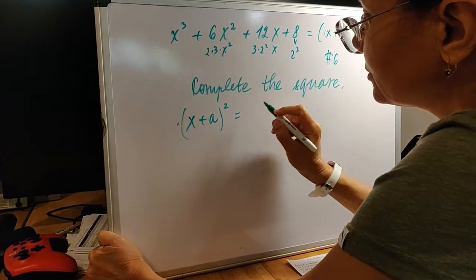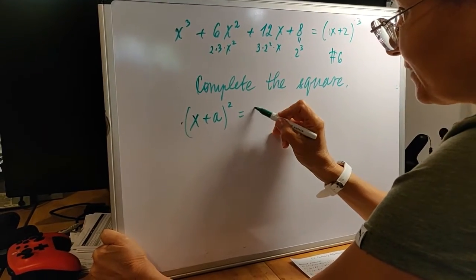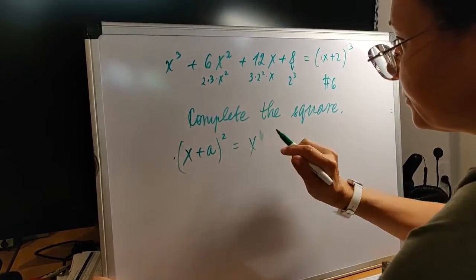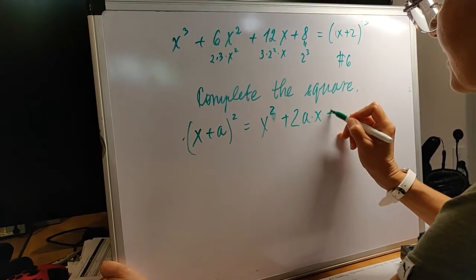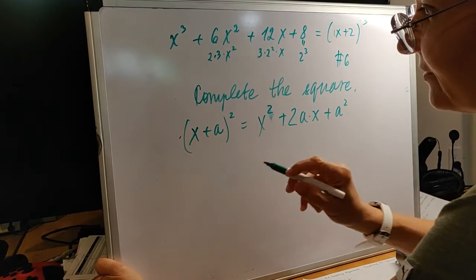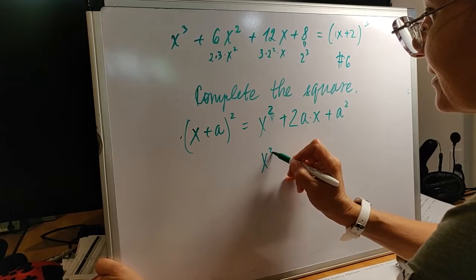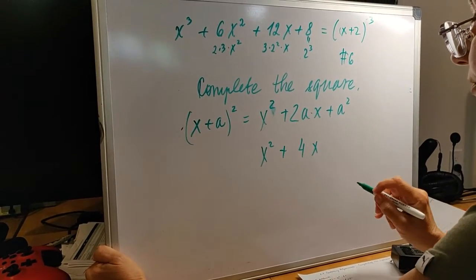The general formula is going to look like this: x squared plus 2ax plus a squared.